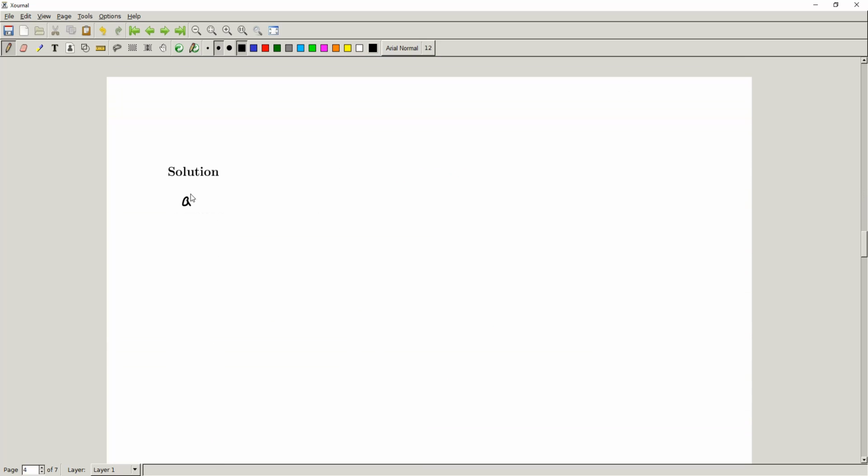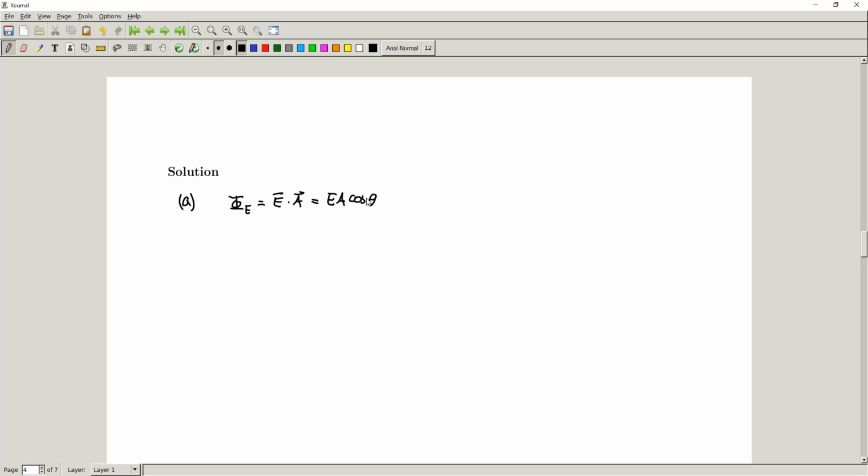Okay, so for part A, let's just start adding things up, right? So we're going to start off from our electric flux, right? We remember our expression for the electric flux is this, which we can rewrite in this way. I'll use phi here this time.